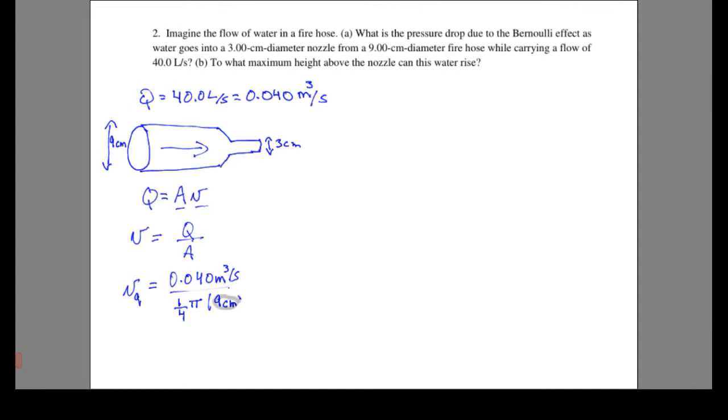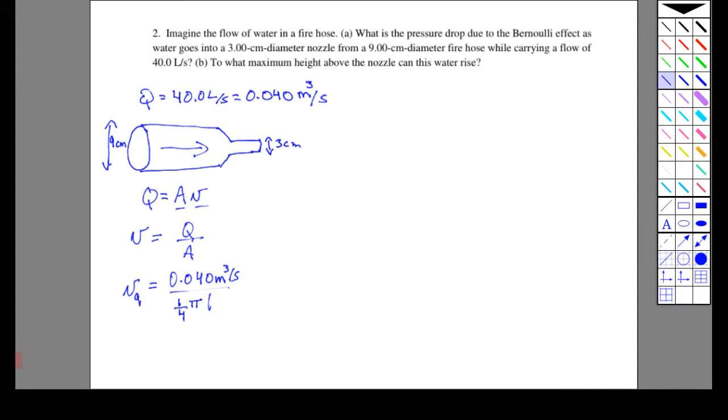So let's just erase this. And we want 0.09 meters squared. There. Okay. And this ends up becoming 6.29 meters per second.